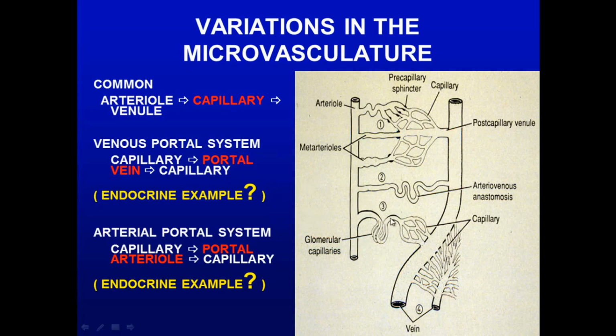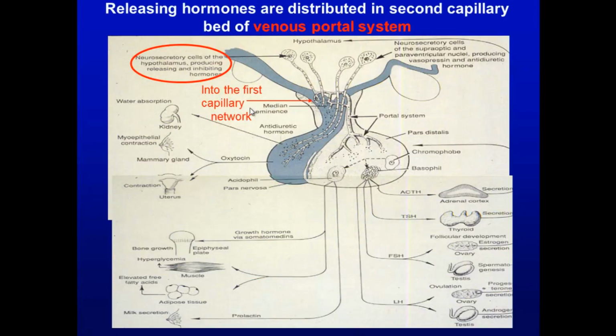A portal system is where you have a blood vessel between two capillary networks. And in every case, the first capillary network modifies the blood composition, and the second capillary network benefits from that locally changed blood composition. We see one of those in the pituitary, where the hypothalamus has short neurons that empty its contents in this plexus capillary network, and those releasing factors then go through this portal vessel to the pars distalis to affect the acidophils and the basophils, and they indeed are the second capillary network.